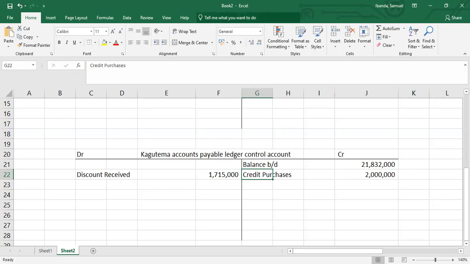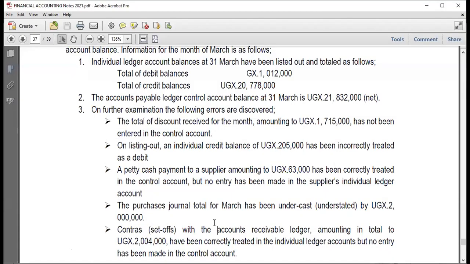Okay, and then they are also telling us down here of a contra, which is a set off with the accounts receivable ledger amounting to 2004, which had been correctly entered in the individual ledger, but no entry had been made in the control account.